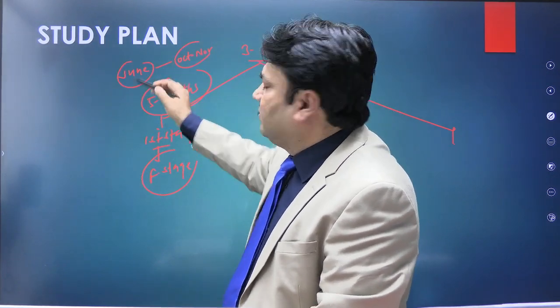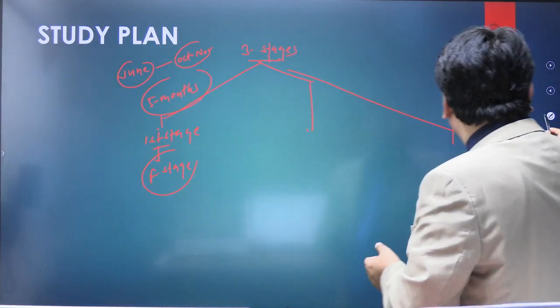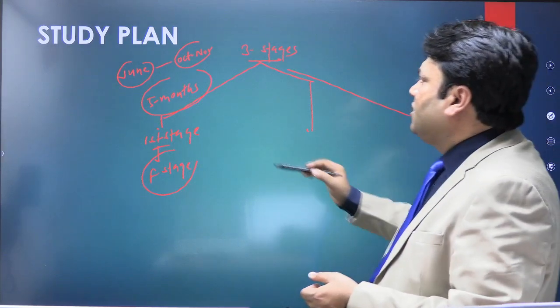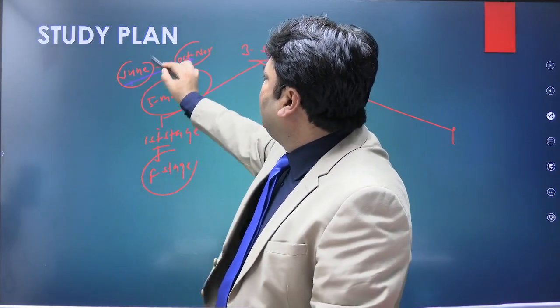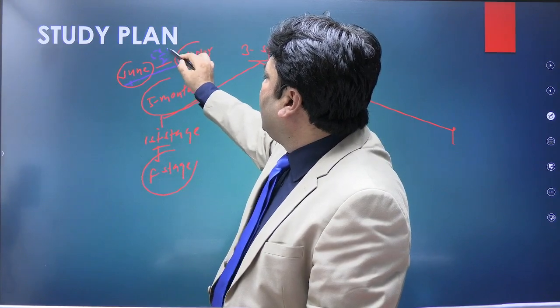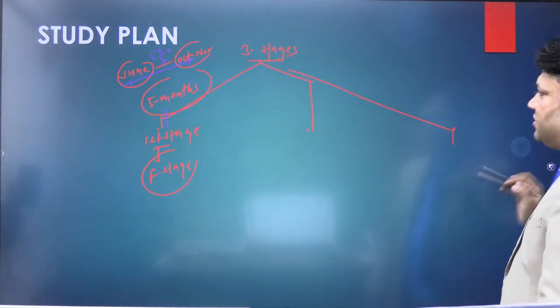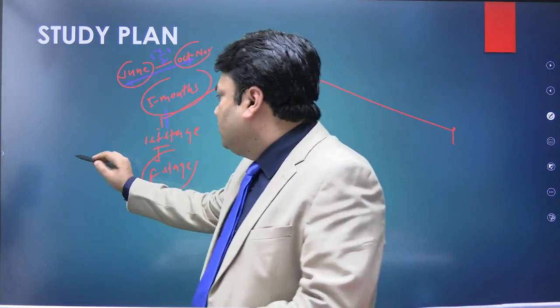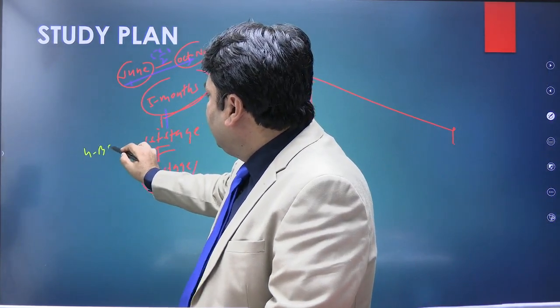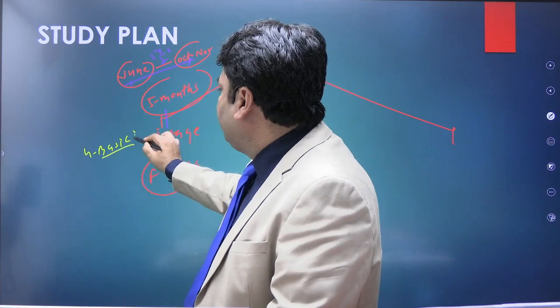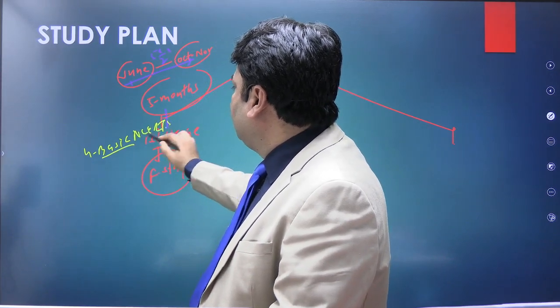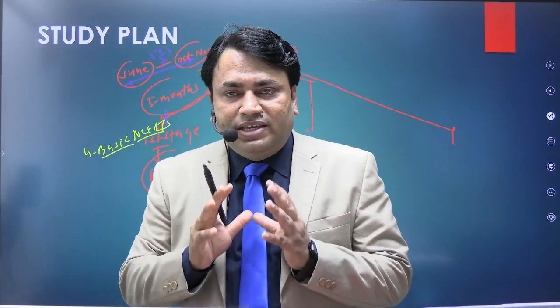It might be finished in October or November, so this is a duration of almost 5 to 5.5 months. In this foundational stage I will discuss 4 basic NCERTs. It means our foundational program will be based on the discussion of 4 basic NCERTs.